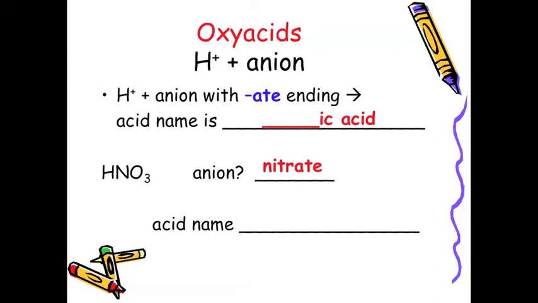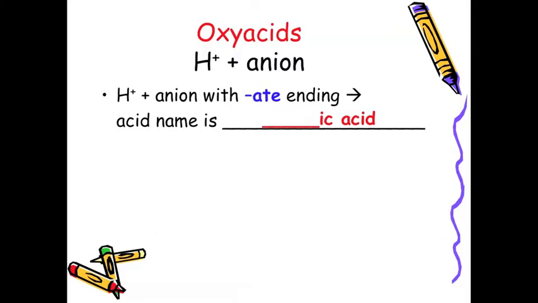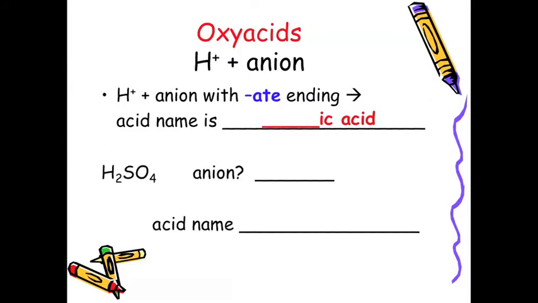And therefore the acid name is where you take the nitrate, take the "ate" off, replace it with "ic", and you get nitric acid. Again, you should know how to do this, but this is all review. Another example, H2SO4, anion is sulfate. Take sulfate, take the "ate" off, put on "ic", you get sulfuric acid.